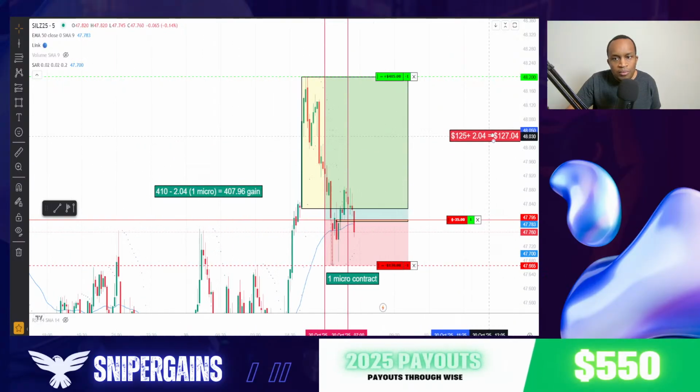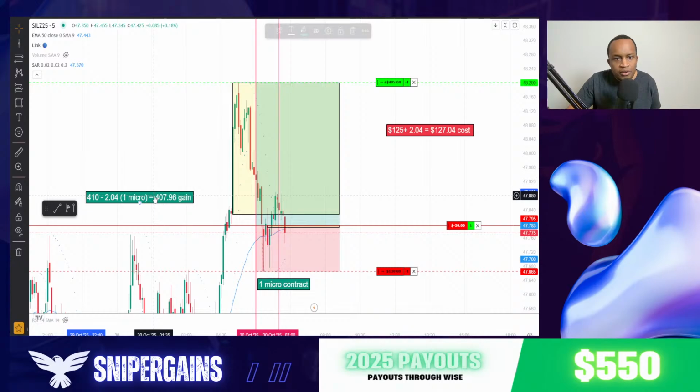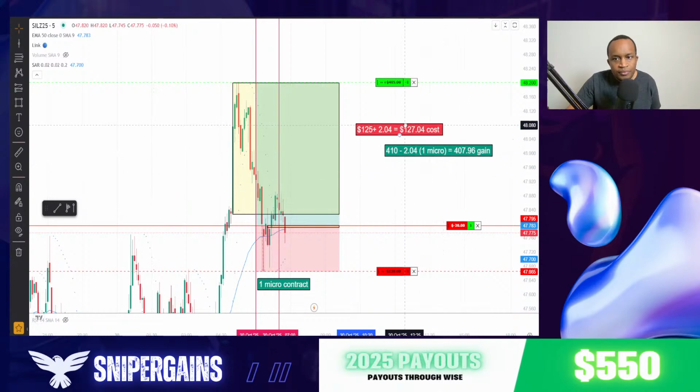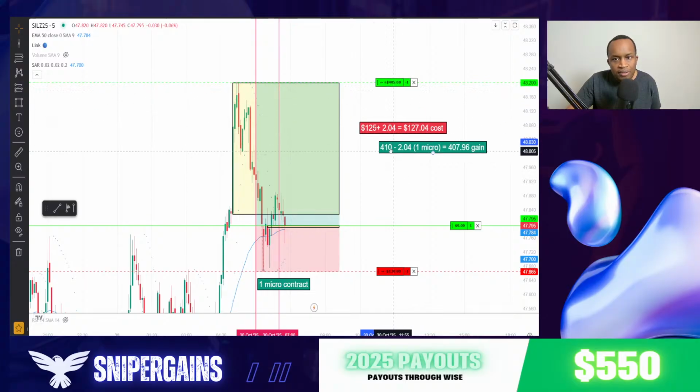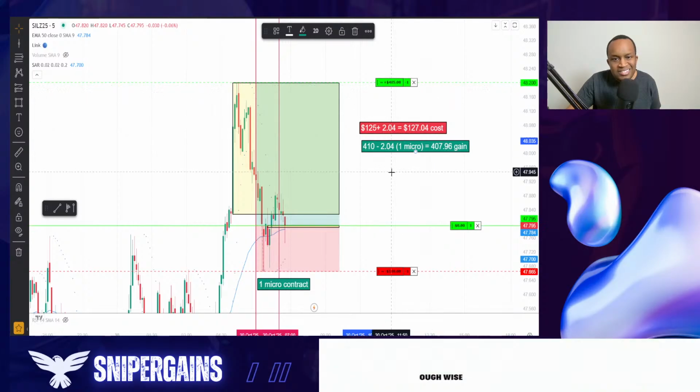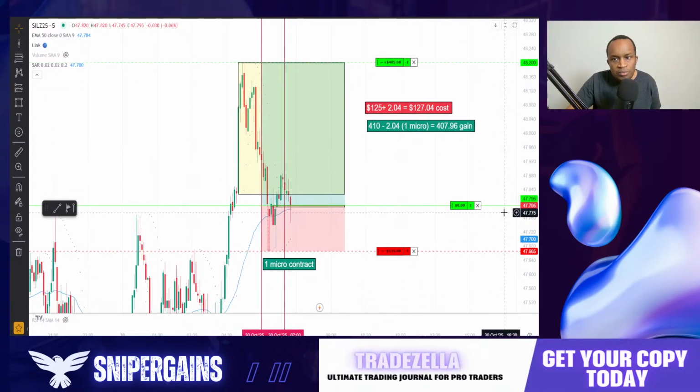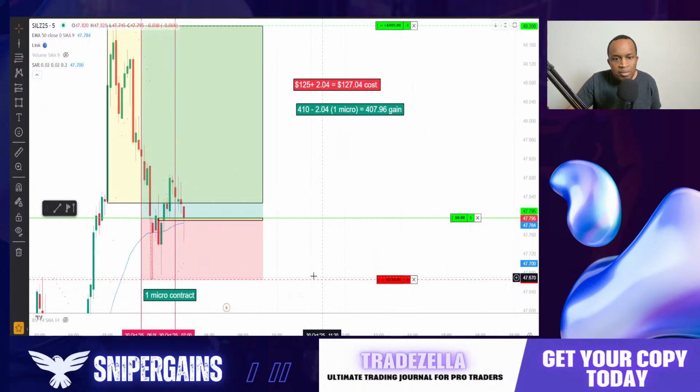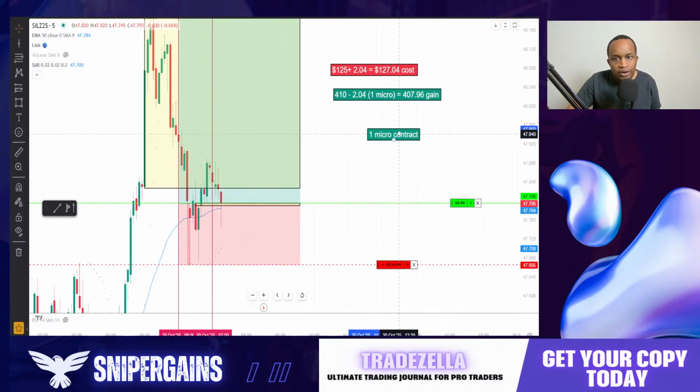So we're risking about 130, 405 bucks is what we're projecting. I guess we were slightly off on the numbers because of entering a little bit earlier, which makes sense. But generally, we are now waiting.